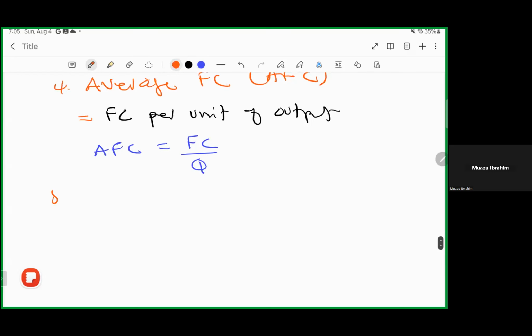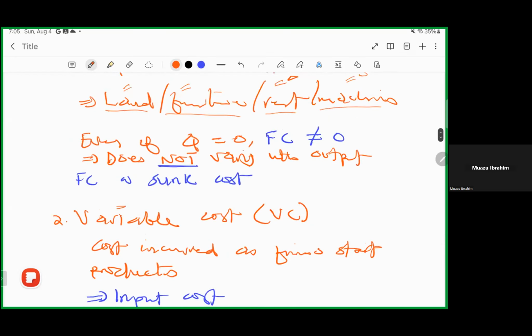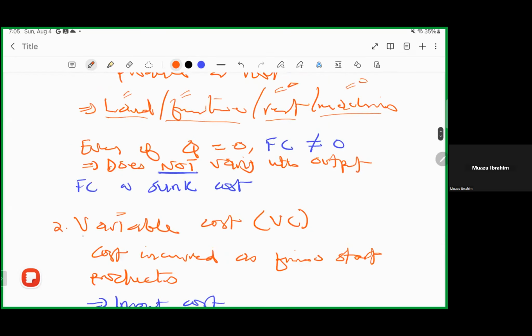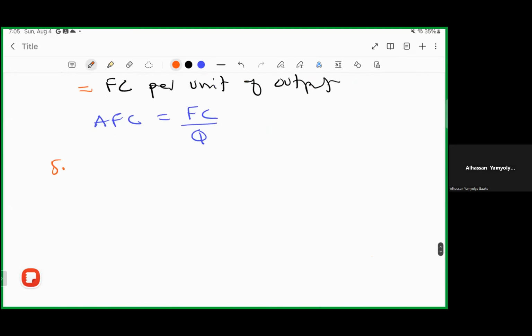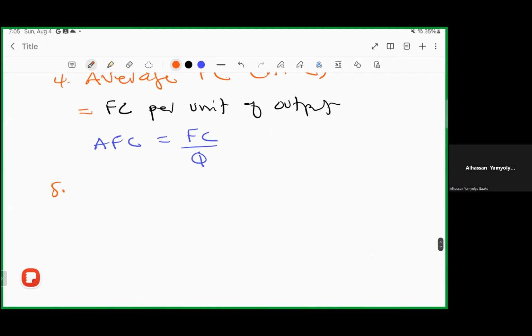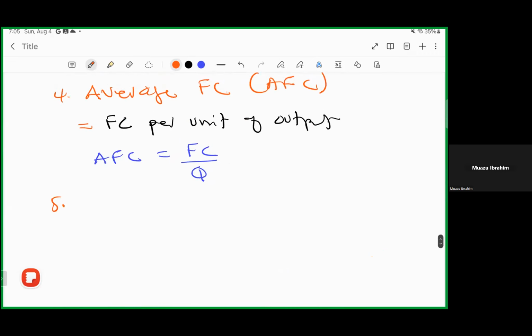Now we also have the second one, which is the average variable cost. You will also want to know how much variable cost you spend per unit of output, and that is what is called the average variable cost.